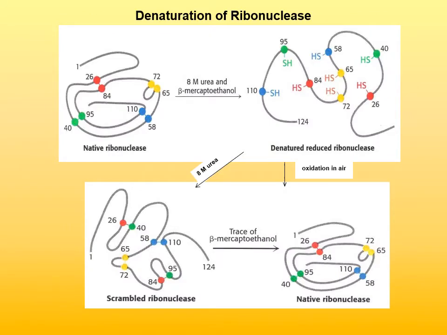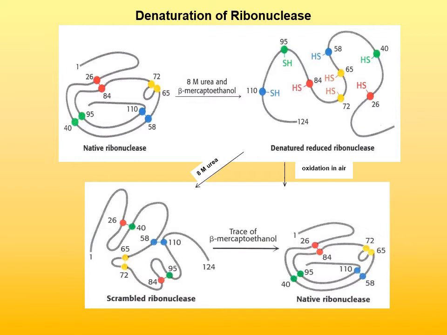When ribonuclease is denatured, chain is basically entangled, or chain assumes random unnatural conformation, basically just a random coil conformation.